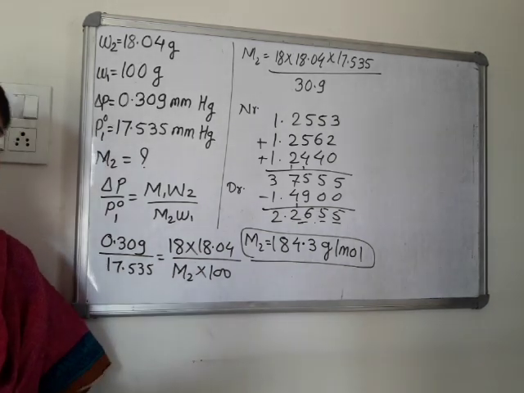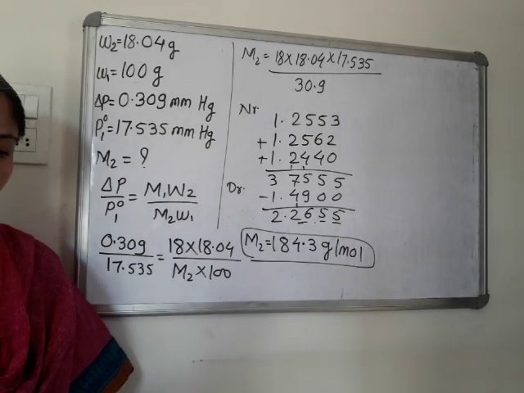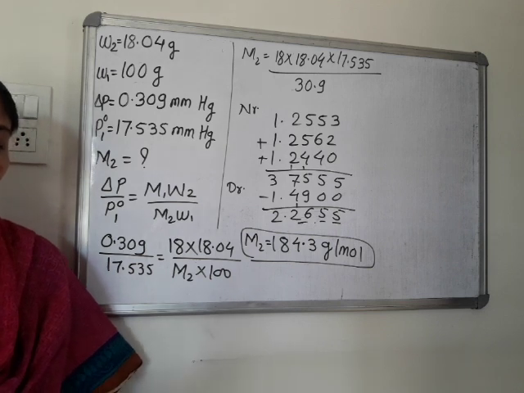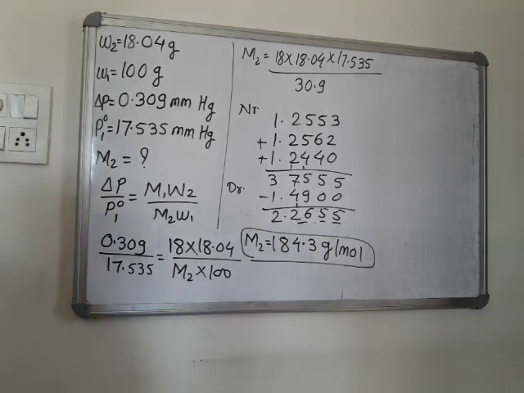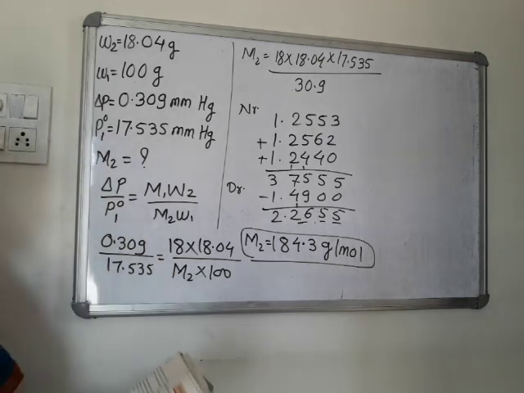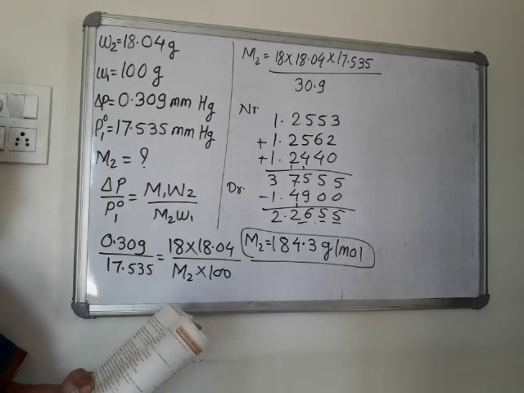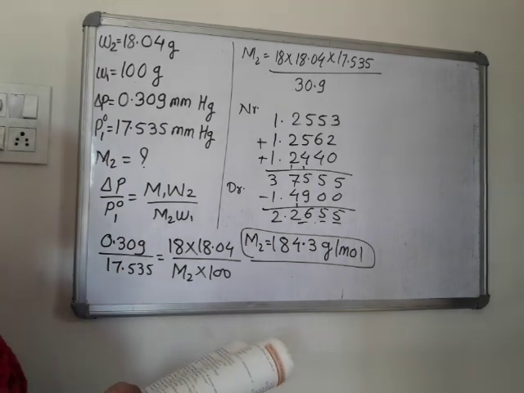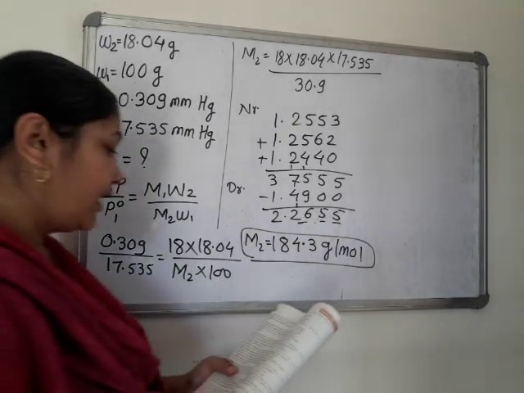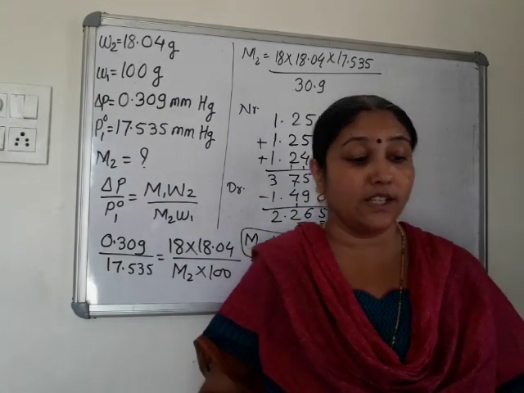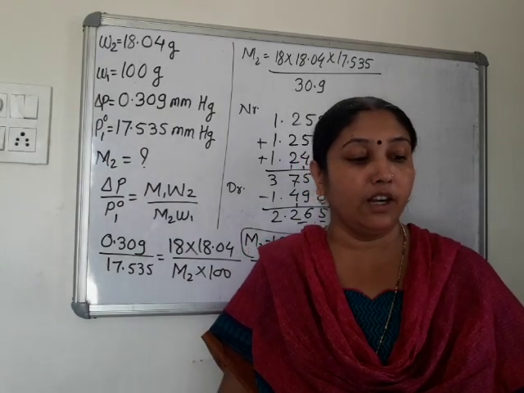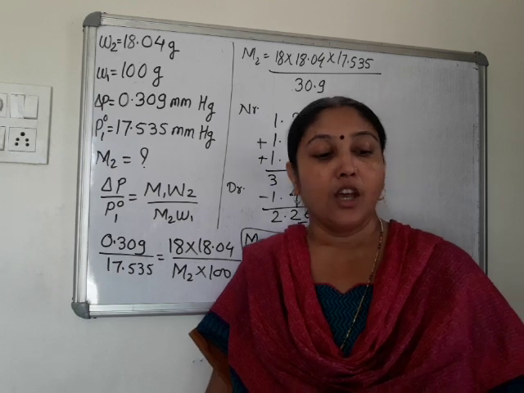Is it finished? Chalo. Similarly, next question. Take down. Vapor pressure of water at 17 mmHg. Vapor pressure of water is 17 mmHg.